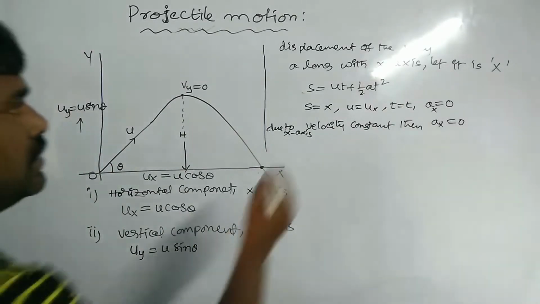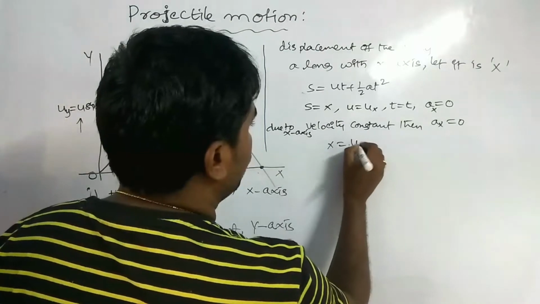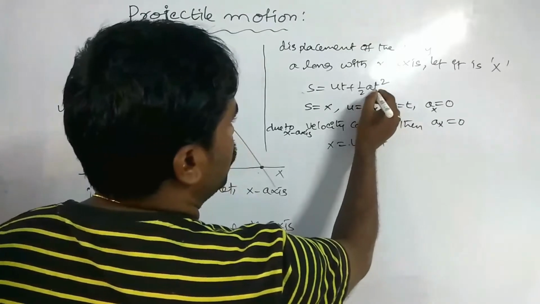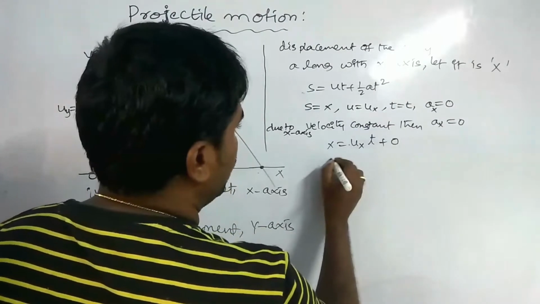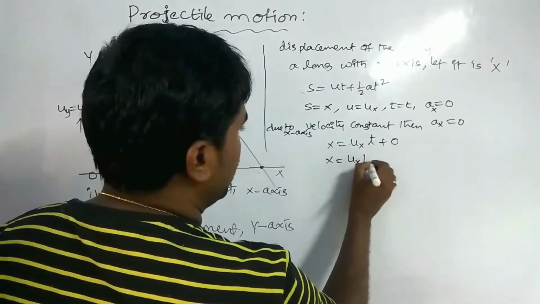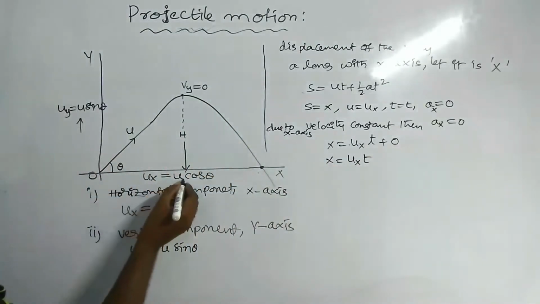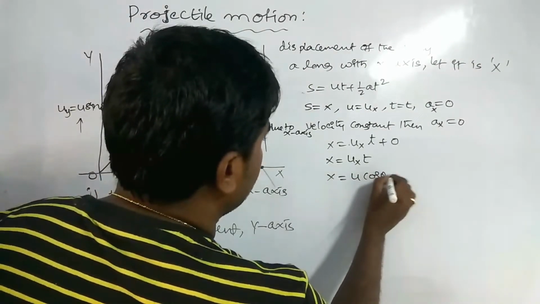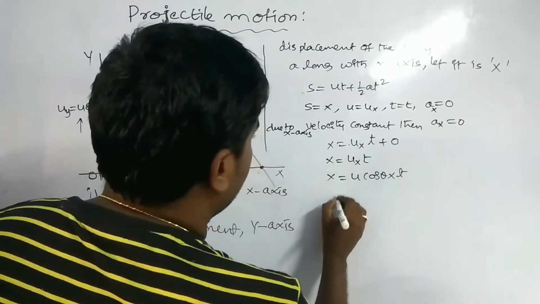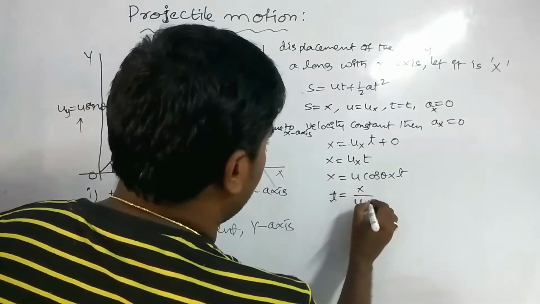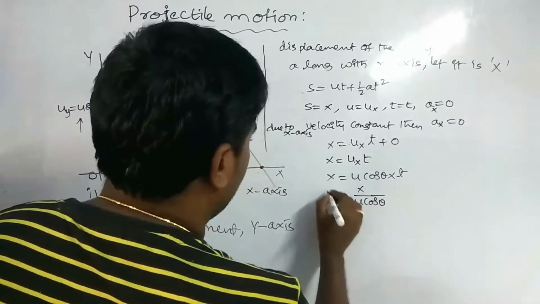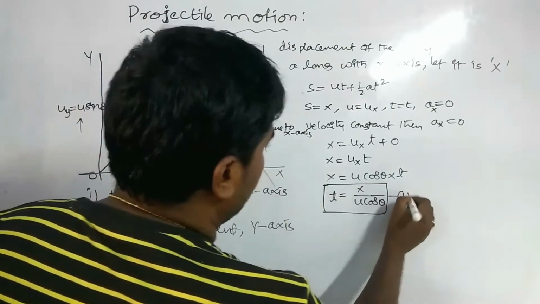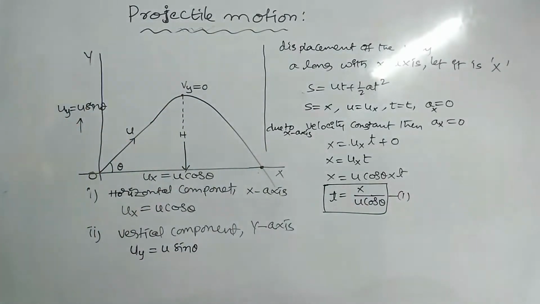So then you can write this equation, x is equal to ux into t plus 1 by 2 into 0 into t square, which is equal to 0. So x is equal to ux into t, where ux is u cos theta. x is equal to u cos theta into t here. Therefore, t is equal to x by u cos theta. This is equation 1. So this is the time taken by the body along the x-axis.